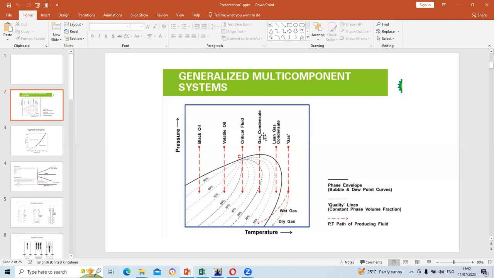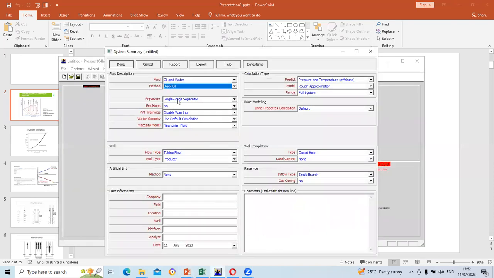But for now, our interest is just to understand that we have the black oil model, then we have the compositional model that takes care of these, and then we have our black oil model that has a low gas oil ratio. So we'll go to our software.